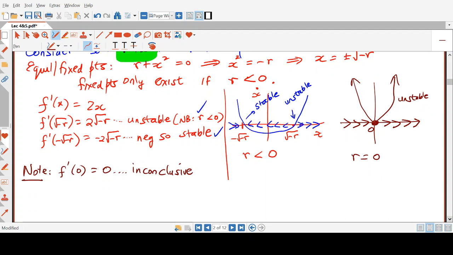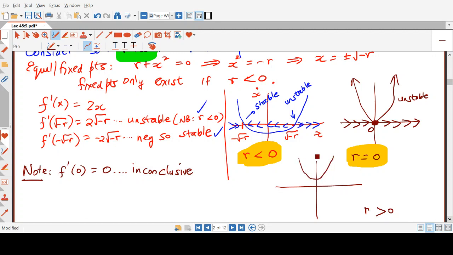And the third case to consider, although I've said that we are considering r less than 0, that's the only one that matters. Of course, r equal to 0 as well. But we must just finalize the case r more than 0. If you take r more than 0, like 1 or something, 1 plus x squared, isn't it true that the parabola will be something like that?